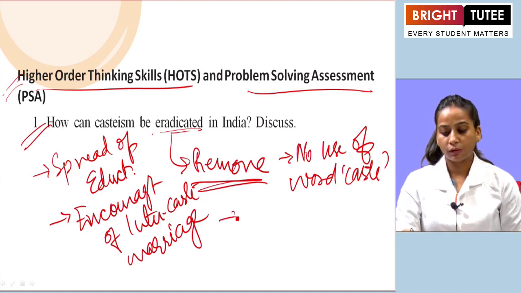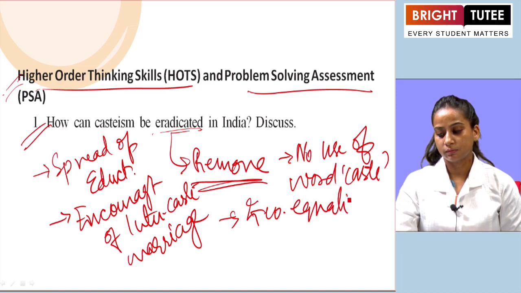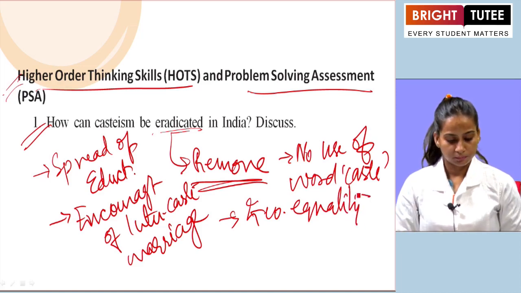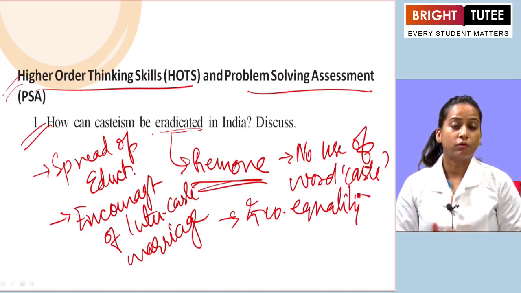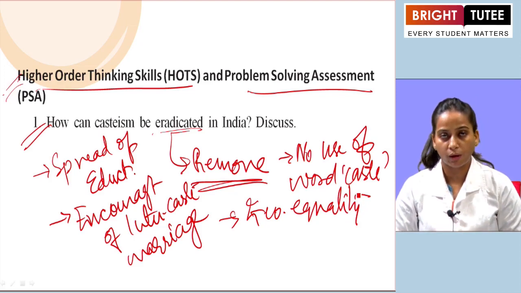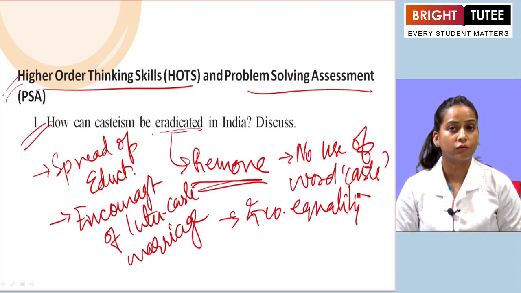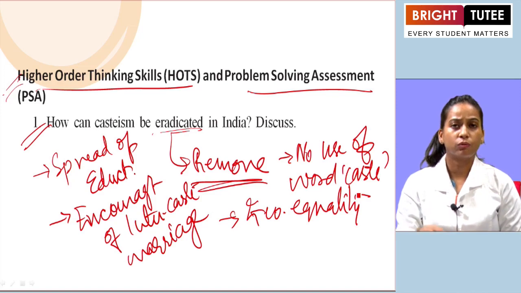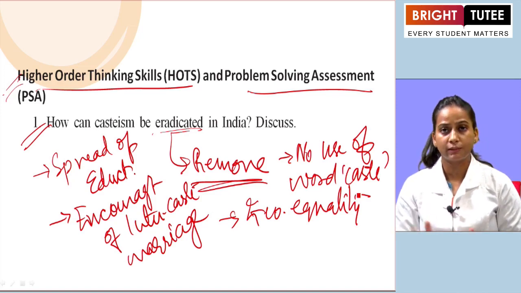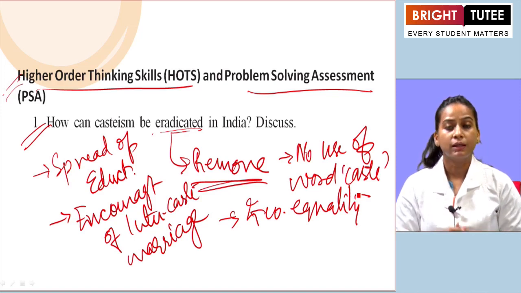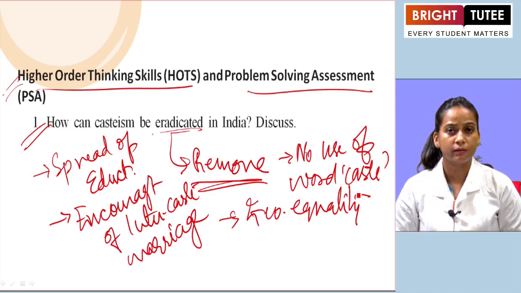We can also keep our focus on economic equality, and we can also focus on one of the important parts, that is the abolition of the reservation policy. So if we are adopting all these factors or measures, then definitely casteism can be eradicated or removed from the Indian society.